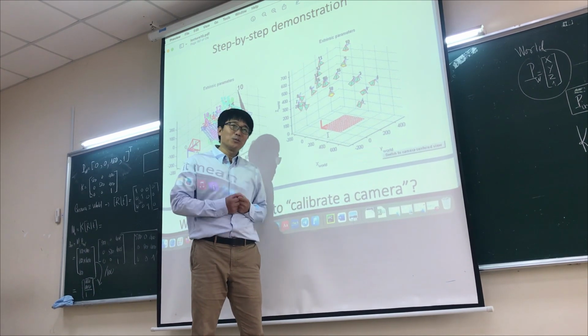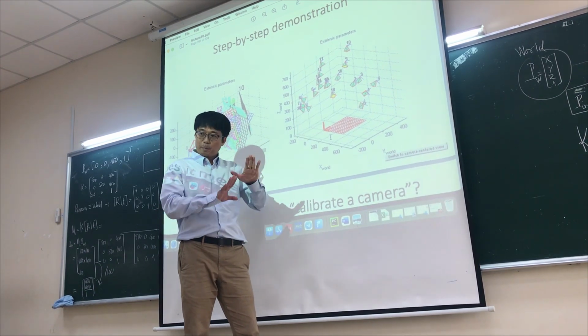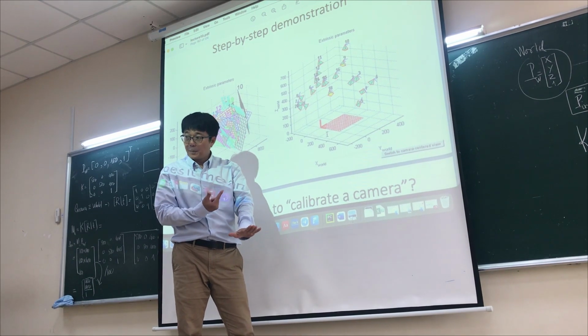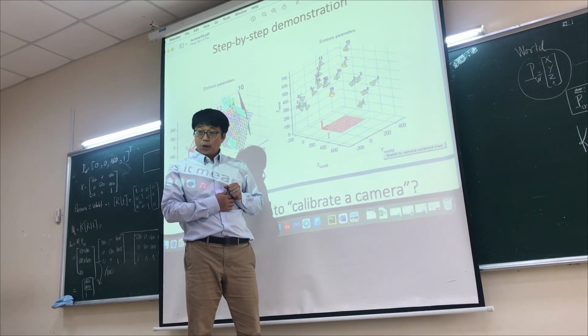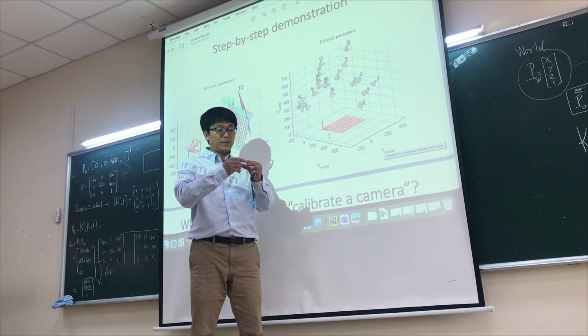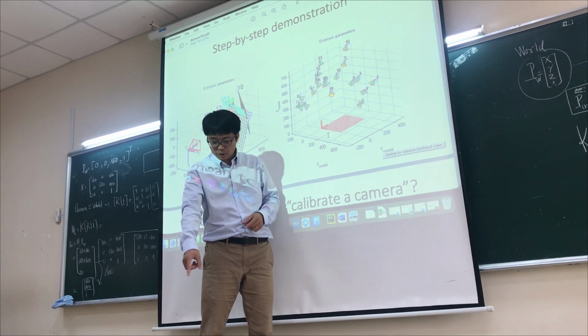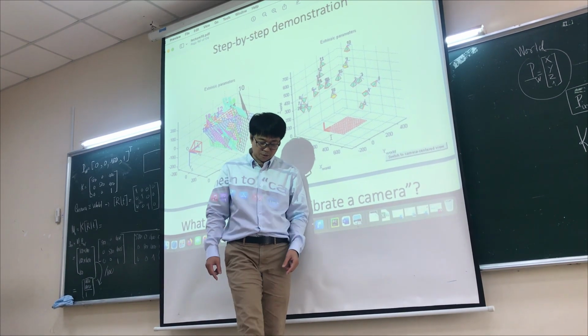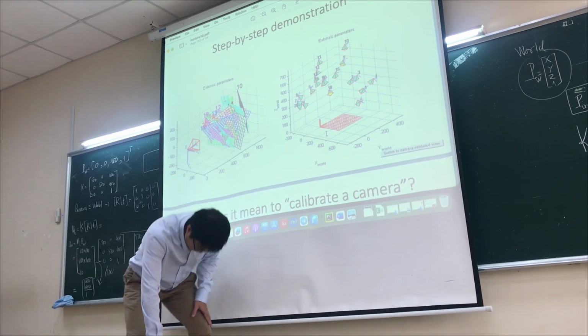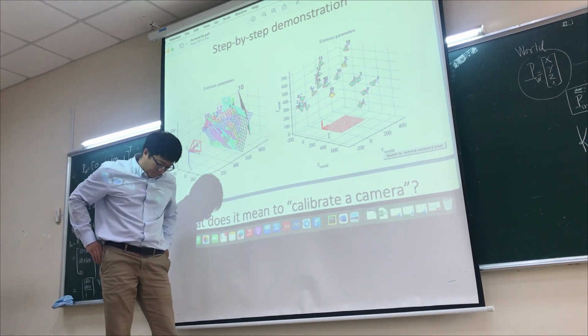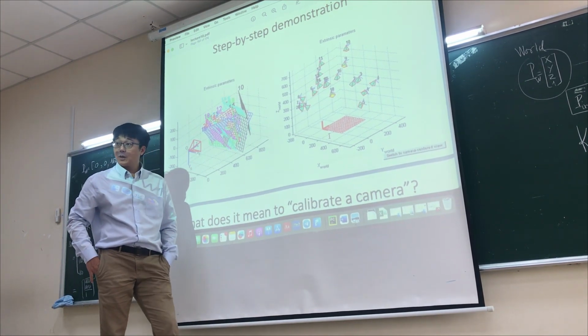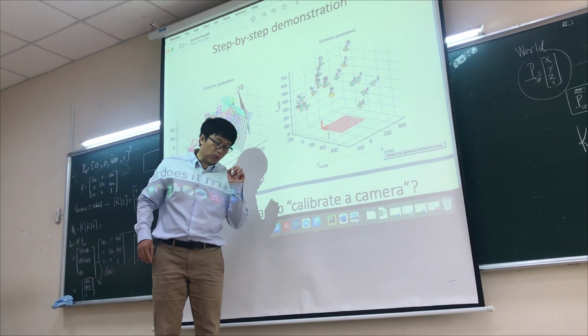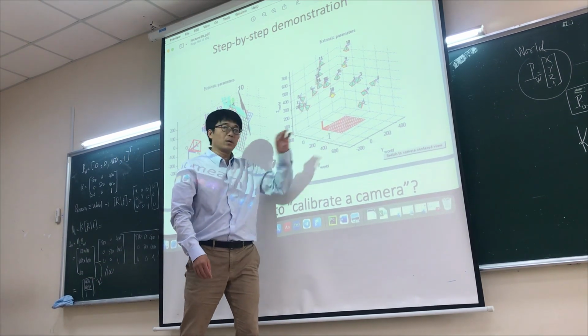Because the size is known, and also the z, since you place it on the flat surface, the z equals 0. Each block here, for example from here to here, is maybe around 20 centimeters, so you know exactly where it is in the world.